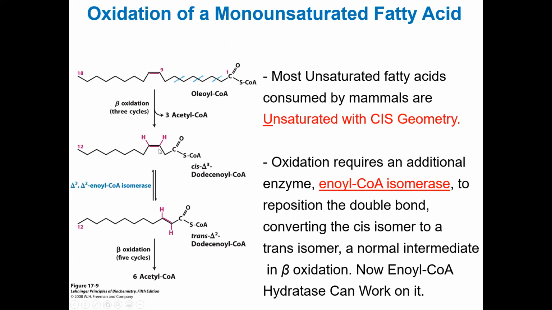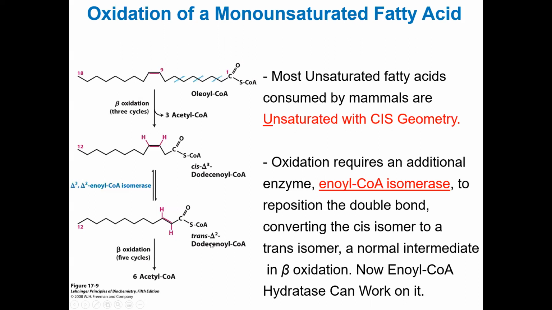That's where this enzyme, enoyl-CoA isomerase, also formally known as delta 3, delta 2 enoyl-CoA isomerase, is the new enzyme that you will need, which will transpose this cis double bond to a trans double bond on the neighboring carbon.